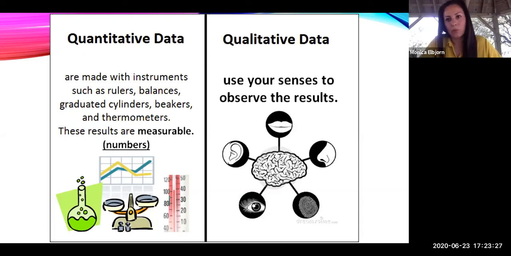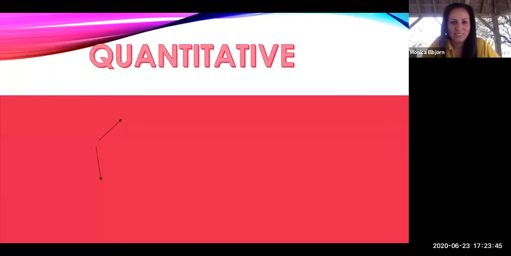And qualitative, you can sense it with your eyes. You can see the colors. You can see if a chicken is cooked or raw, or if it smells good, or smells like freshly baked cookies.